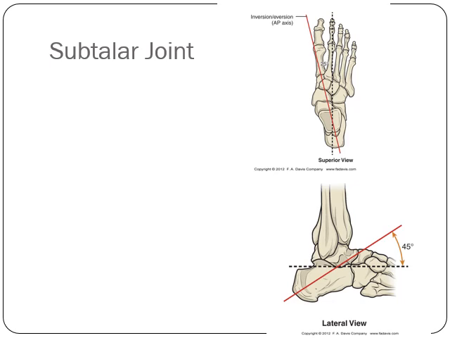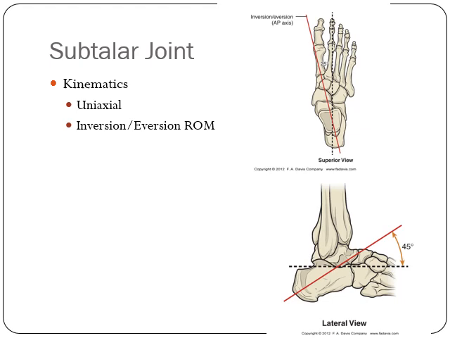So movement at the subtalar joint, again, is going to be your inversion and eversion in the frontal plane. So obviously we're looking at an anterior-posterior axis. However, again, the anterior-posterior axis is going to be a little off from the classic axis that we look at, again, because of the orientation of the tibia and fibula.